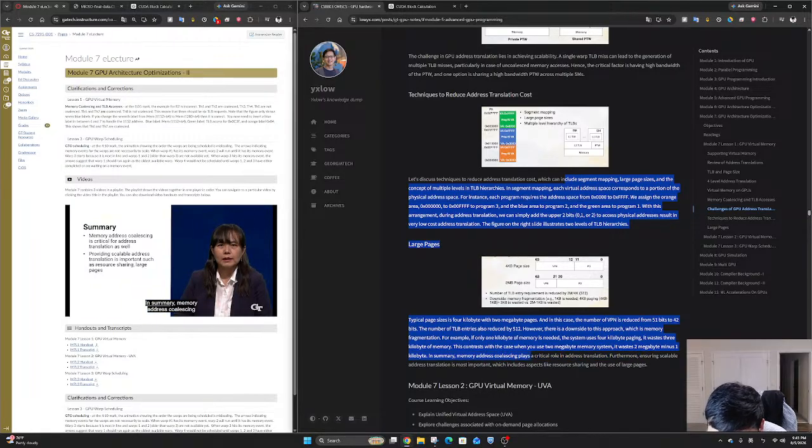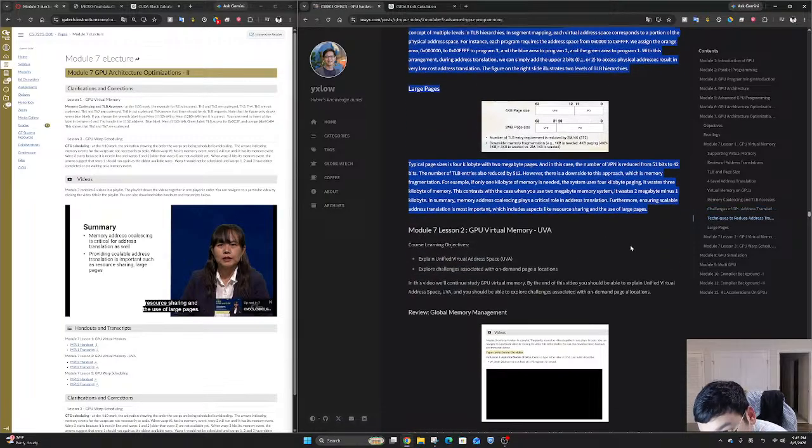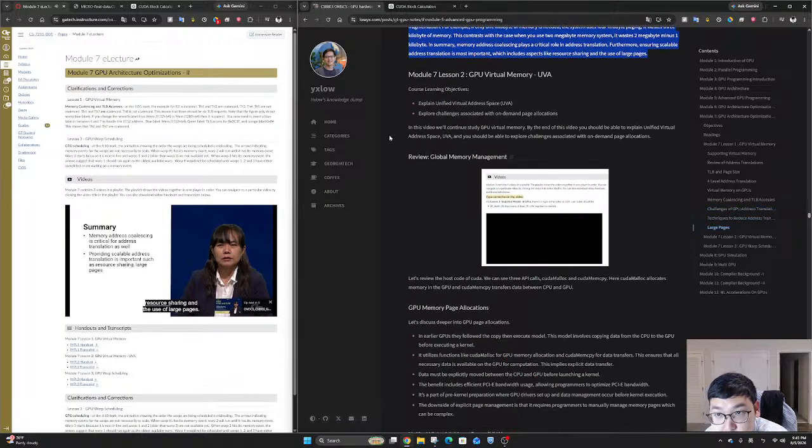In summary, memory address coalescing plays a critical role in address translation. Furthermore, ensuring scalable address translation is most important, which includes aspects like resource sharing and the use of large pages.